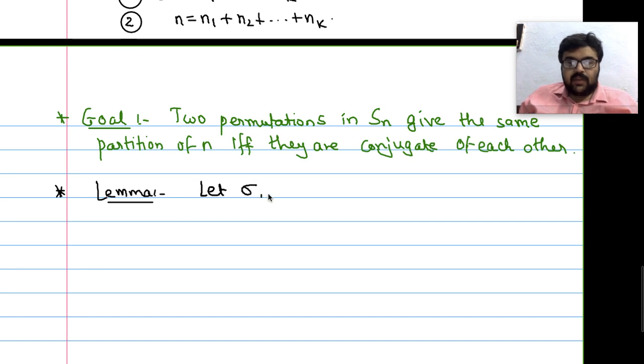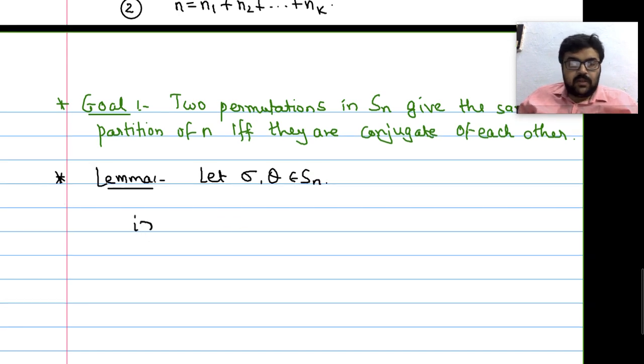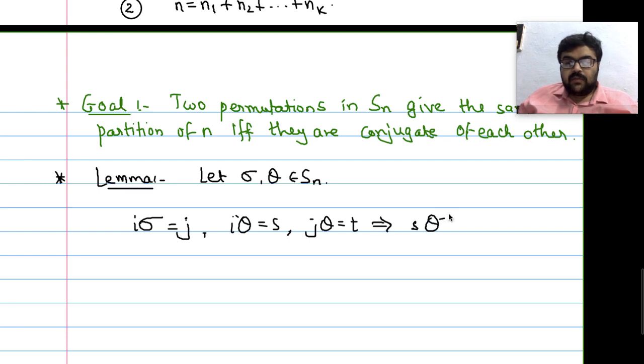Suppose we have two permutations, sigma and theta, in Sn, such that sigma of i equals j, and theta of i equals s, and theta of j equals t. Then this implies theta inverse sigma theta of s equals t.